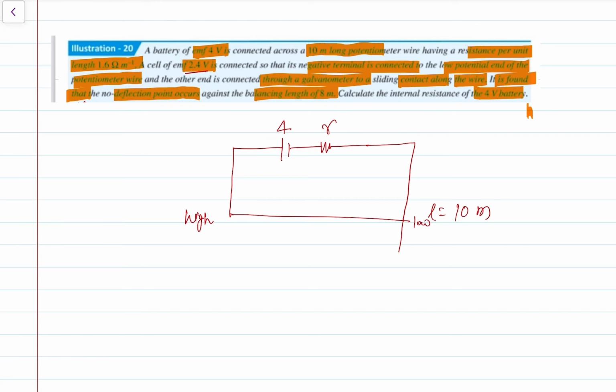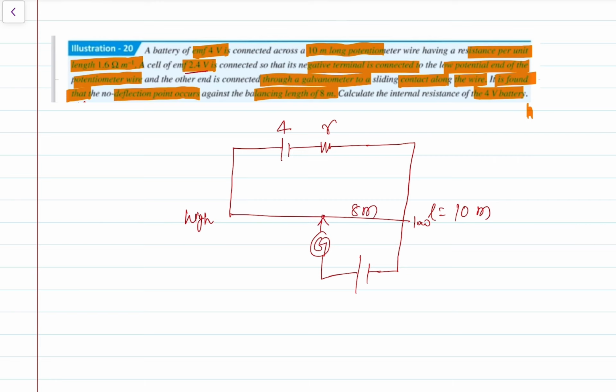So negative terminal of the cell is connected to low potential end, and other terminal is connected with galvanometer. Right, it is found that no deflection occurs at the point balancing length 8 meter.